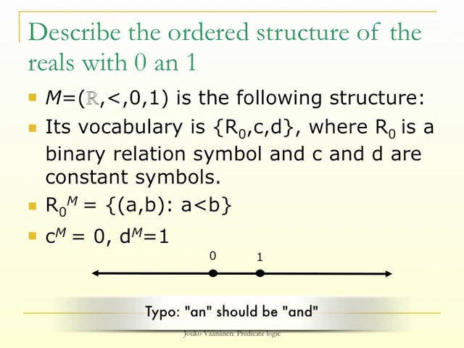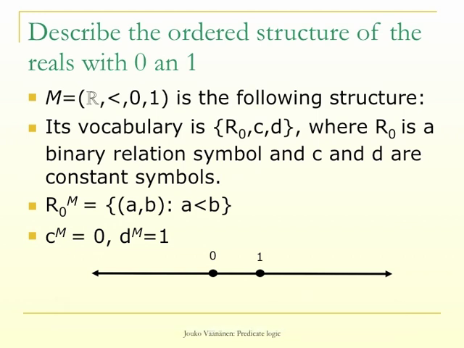Next problem. Describe the ordered structure of the real numbers with 0 and 1. Now we have a little bit more. We have two constants. So the model has a universe R, it has a binary relation less than, and it has two constants 0 and 1.